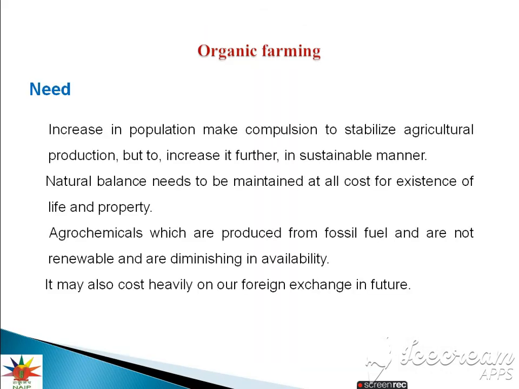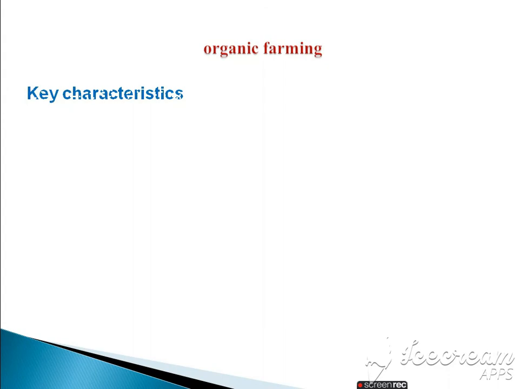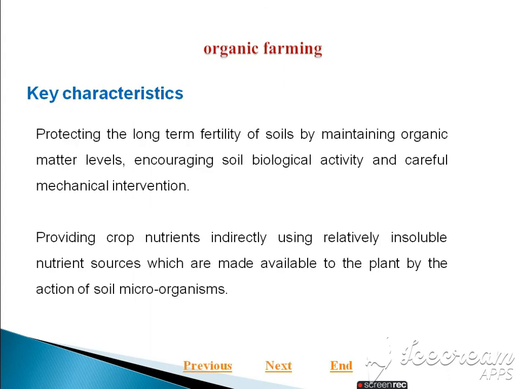Now, in the current scenario, there is pressure to produce more food, but besides maximum production, a focus on the quality of food and safe food production is the key to healthy human life. The key characteristics of organic farming: protecting long-term fertility. Long-term, it is basically a type of sustainable agriculture.